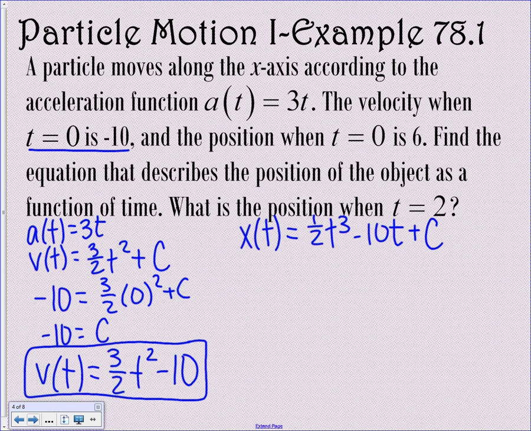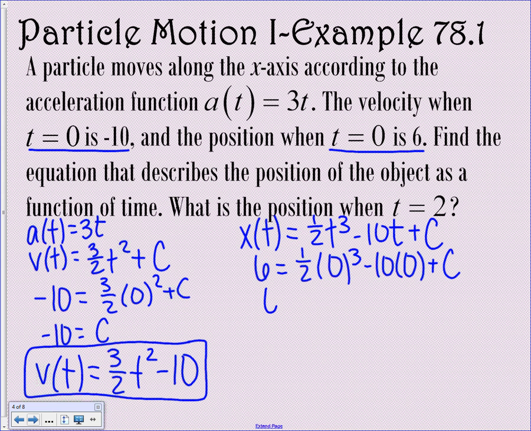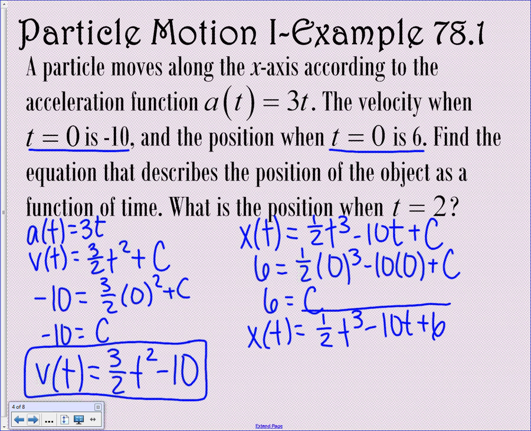Now to figure out what our c is, they told us when time is 0, the position is 6. So 6 equals 1/2 0 cubed minus 10 0 plus c. So that means that our 6 equals c. So our position function is given as 1/2 t cubed minus 10t plus 6. And so that's what it asks for. Find the equation that describes the position.